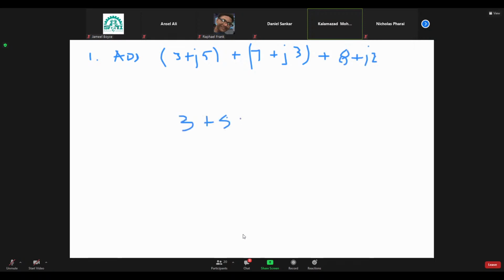You could put the j in front or behind, it doesn't matter, but the general style is to put j in the front. So 3 plus 5j is the same thing. You don't have to, but get accustomed to one particular standard so that you don't run into trouble.